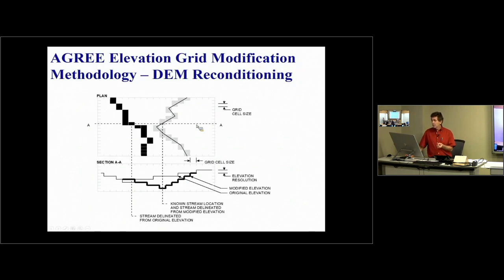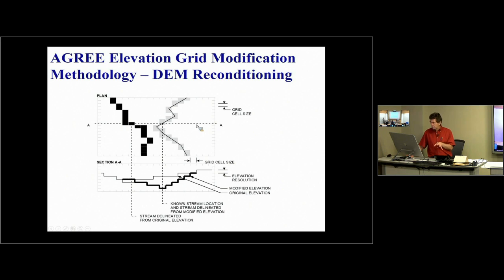And then there's this method that is called AGREE, which is also used to condition the digital elevation model to be consistent with the streams. And we were touching on this right at the end of last class. I wanted to take a bit of time to explain what this actually is.